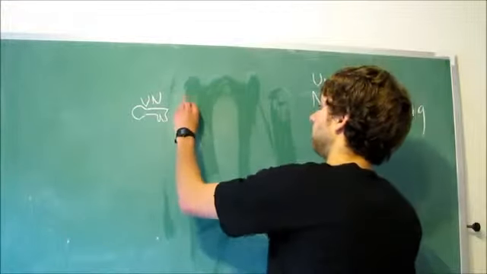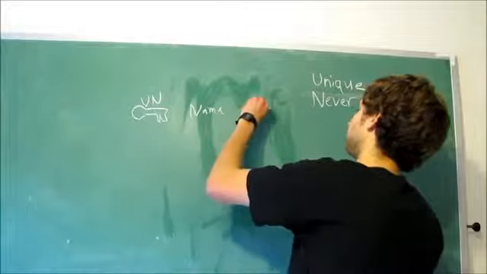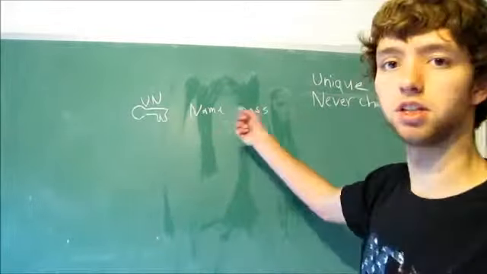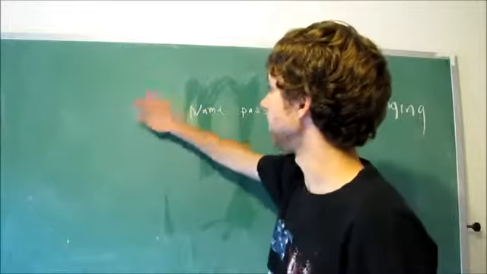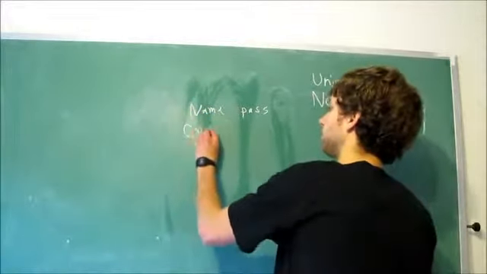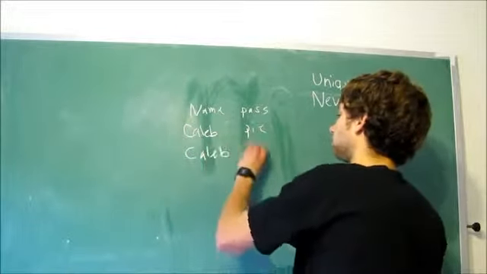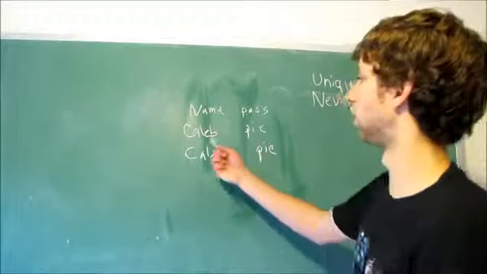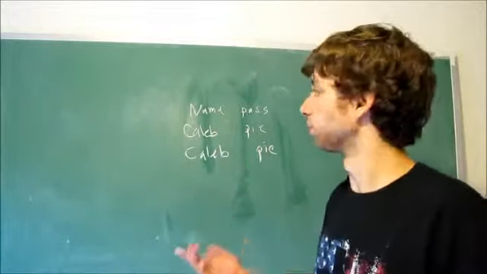So we have the name of the person, we have the password, and we know that these are pointing to this specific person. If we got rid of this key, and now we have two people with the name Caleb, with the password pie, well now, are we talking about the same person? Or are we talking about two separate people? We don't really know.